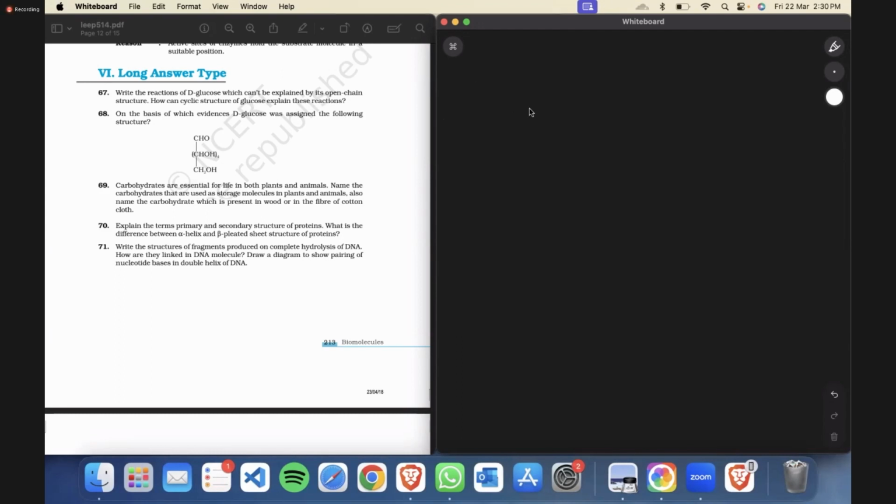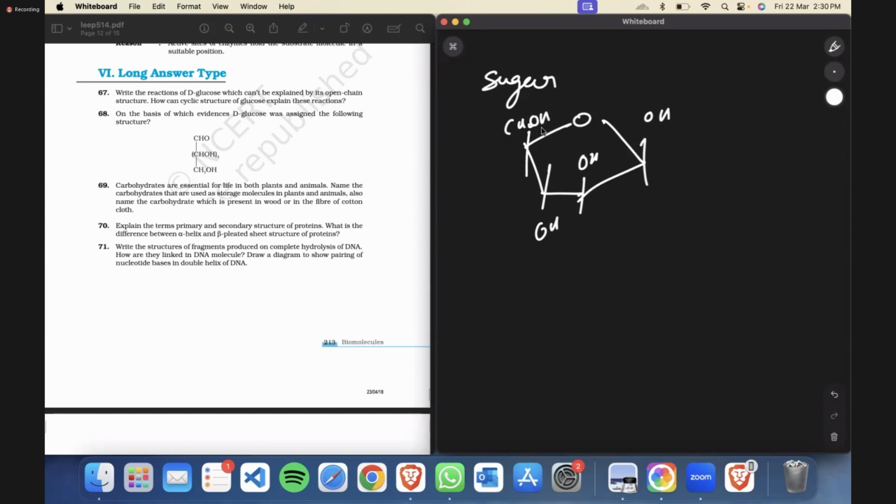So, if you want to draw the structures of it, I'll start with sugar: OH, OH, OH, CH2OH. This is sugar. Now, number two, phosphoric acid.